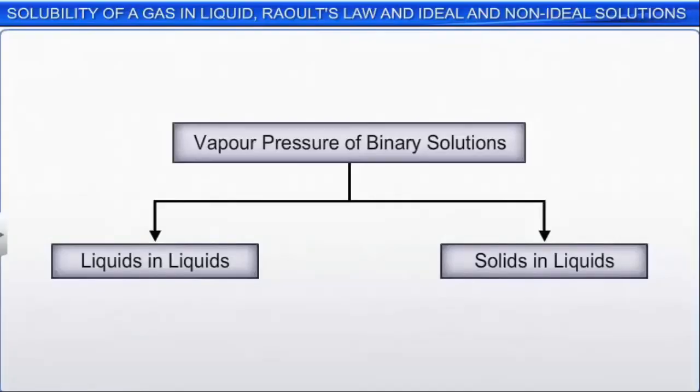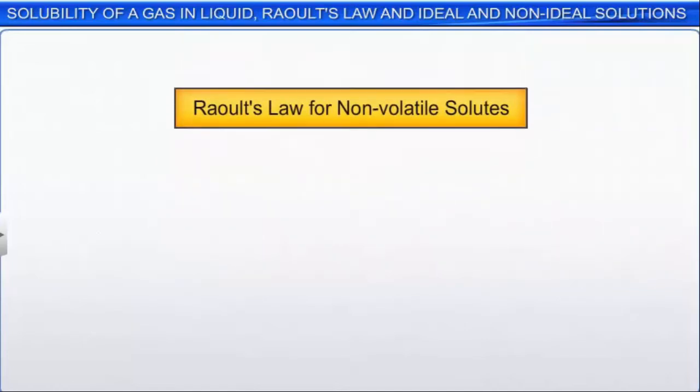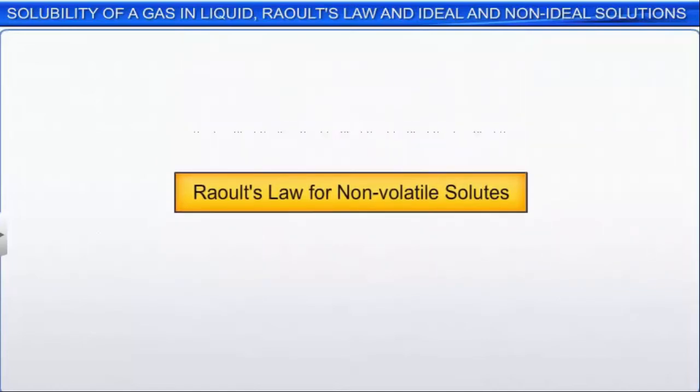Let us now discuss the vapor pressure of binary solutions of solids in liquids, that is, Raoult's law for non-volatile solutes. A non-volatile solute has no tendency to form vapor at the temperature of the solution, and it will therefore not contribute to the total vapor pressure of the solution.